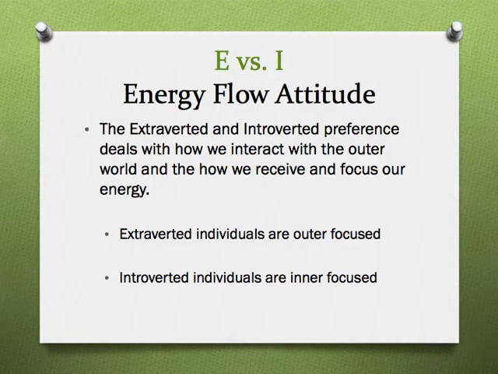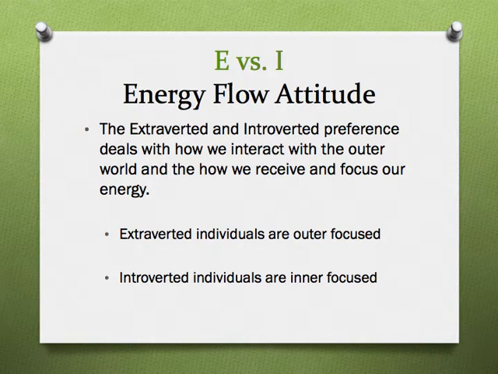What's a preference? A preference is just how you prefer to recharge your batteries. How do you prefer to gather information? How do you prefer to make a decision? How do you prefer to orient your world? So it's things that are important to you based on who you are. So if we look at the first slide here, E versus I. So this is the energy flow.